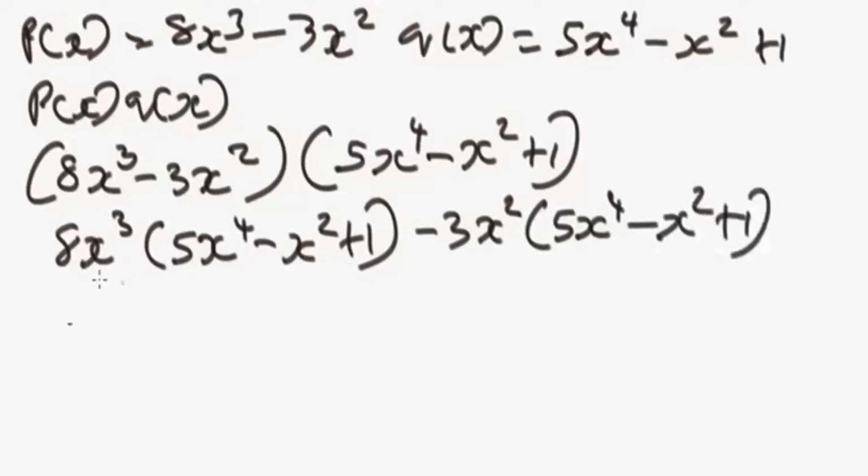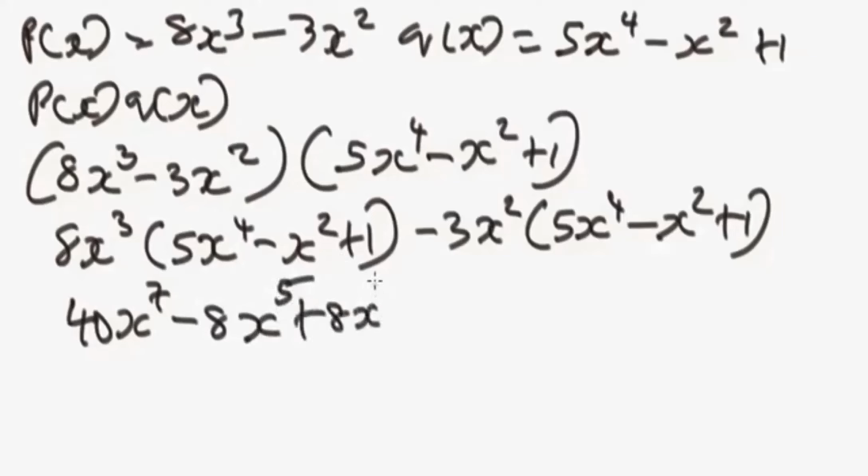So when you simplify, 8x cubed times 5x to the power 4, we're going to have 40x to the power 7. We add the powers 3 and 4. Then 8x cubed times minus x squared, we're going to have minus 8x to the power 5. Add the powers. 8x cubed times 1, we're going to have plus 8x cubed.